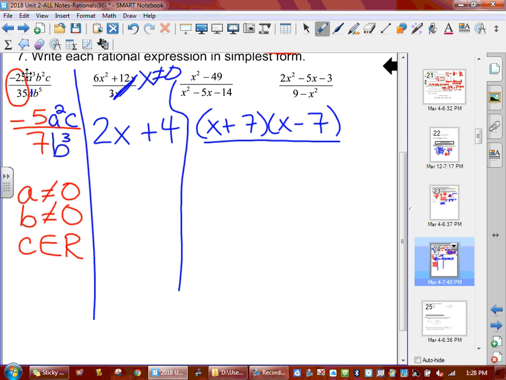So now we've done step 1, we've factored it. Step 2 is non-permissibles. So now we look at our bottom. What can x not be for the first bracket? -2. What about the second one? 7. So x cannot be -2 and 7.